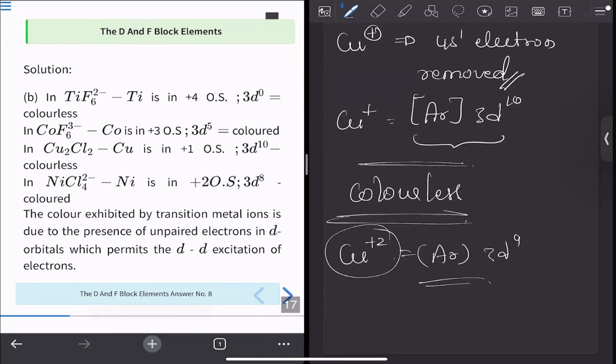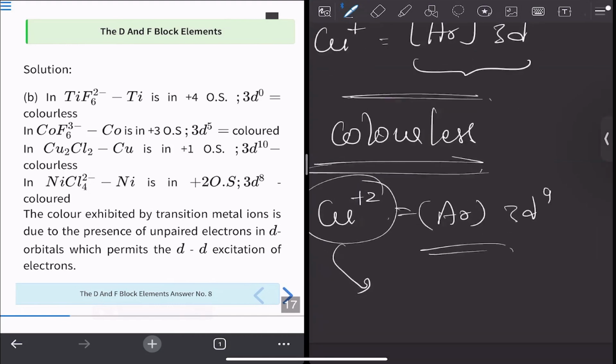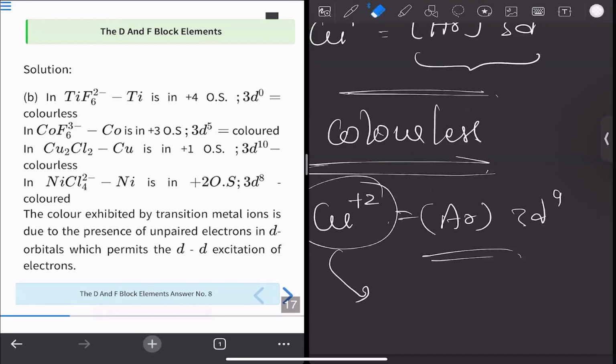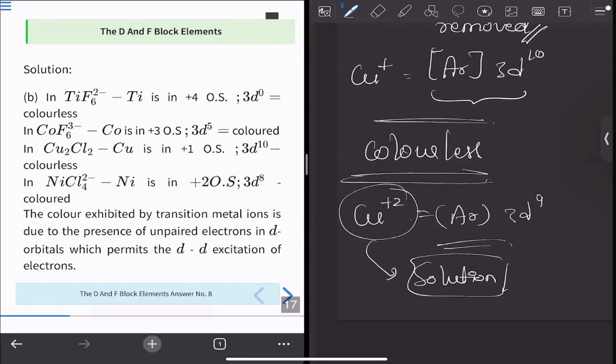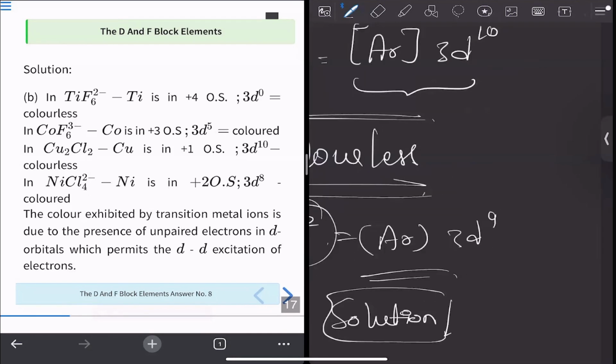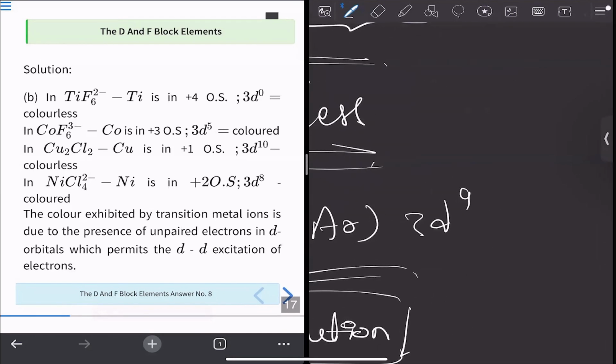But copper usually exists in the Cu plus 2 state, and this happens only in solution. In solution, it will be present as Cu plus 2 because of the high hydration energy.